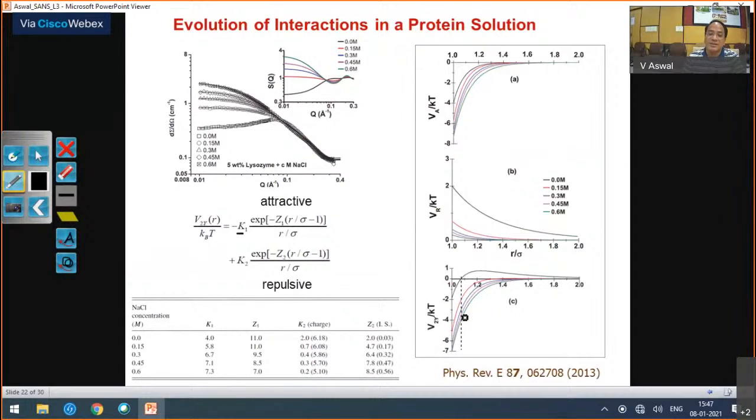So let's say at the average distance of the particle, when it is greater than that, it is already known in the literature. So you can model for both attractive and repulsive.